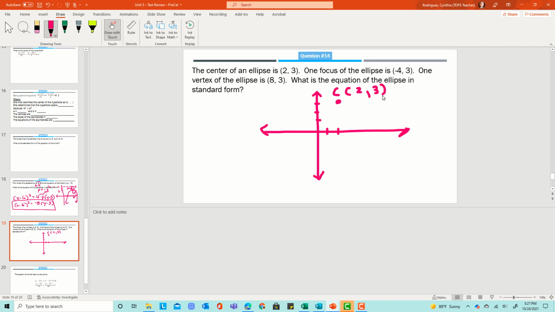And one of the foci is at -4, 3. Oops, wrong direction, going in the y direction.